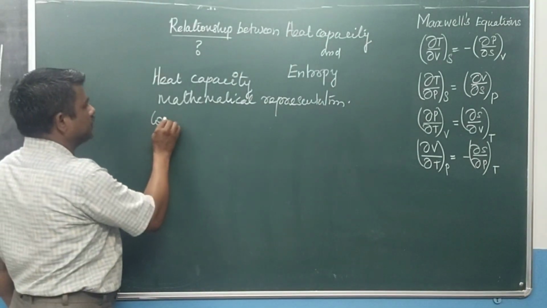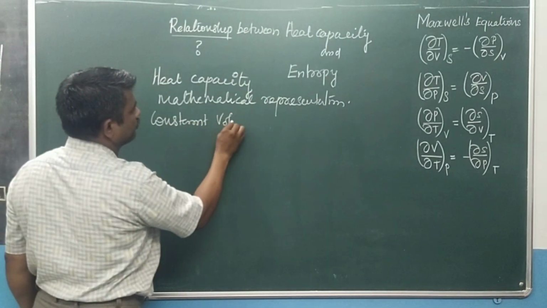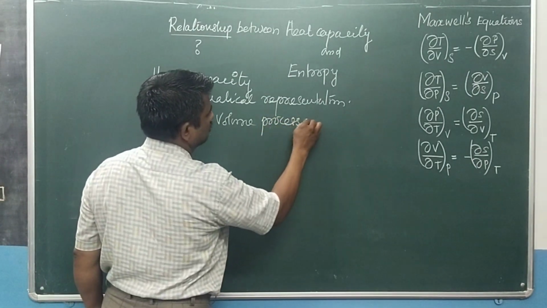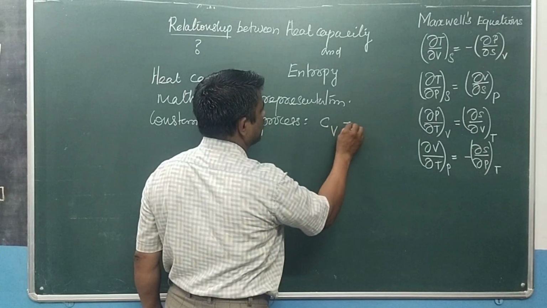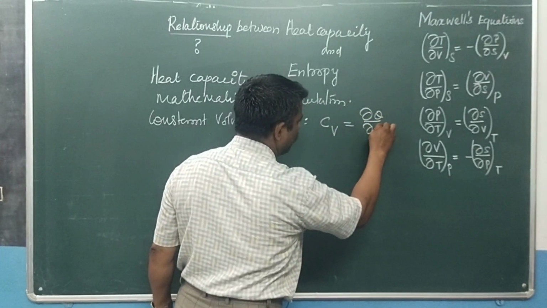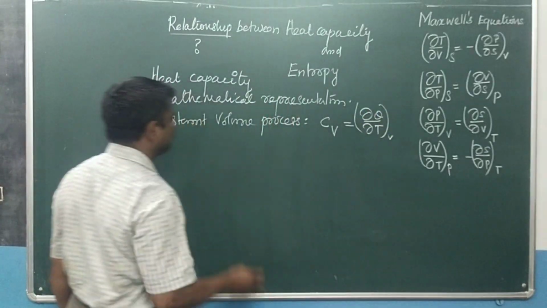For a constant volume process, Cv is equal to ∂Q divided by ∂T at constant volume.